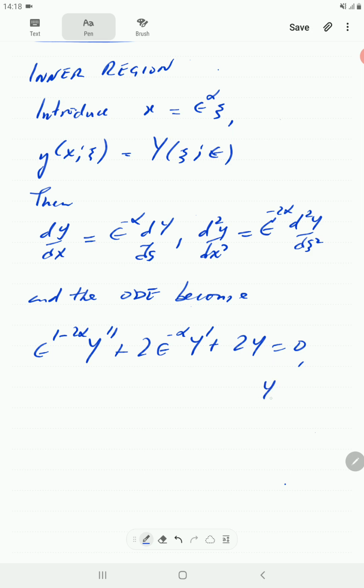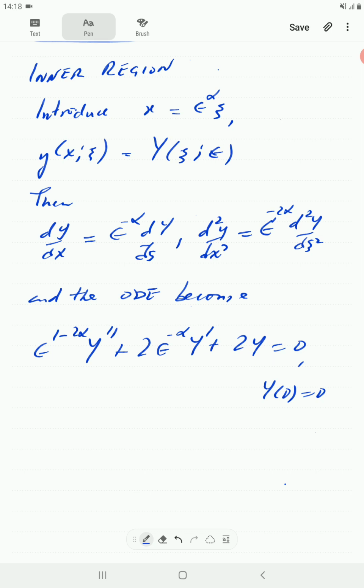Now since this is applicable in the neighborhood of 0, that is going to be the boundary condition.